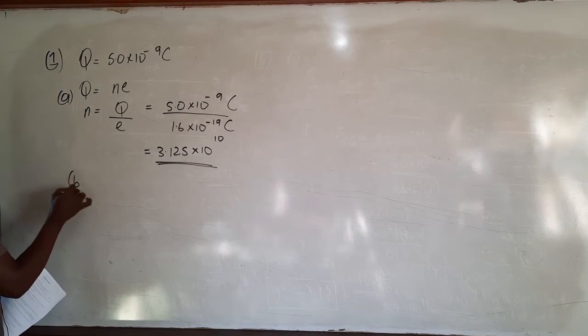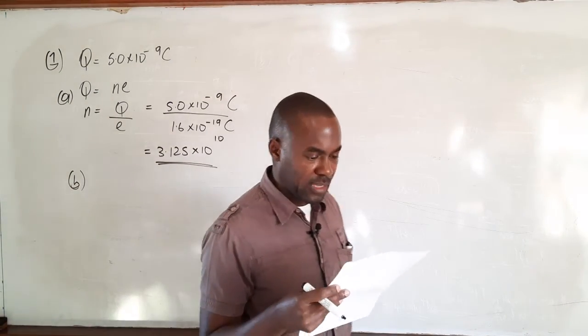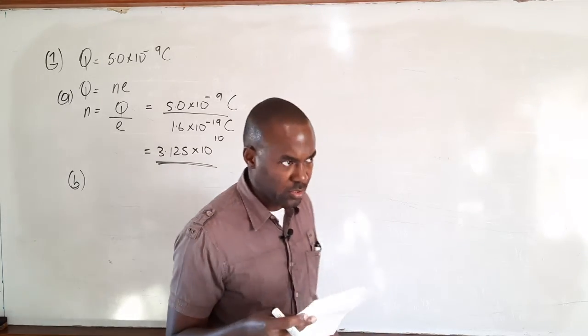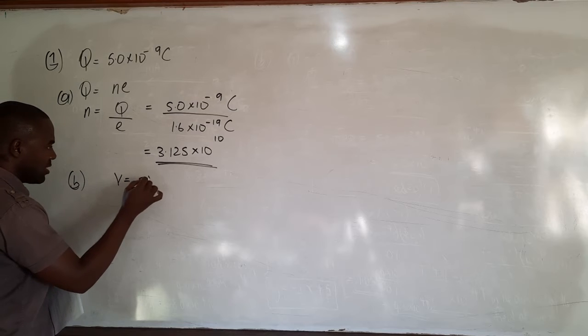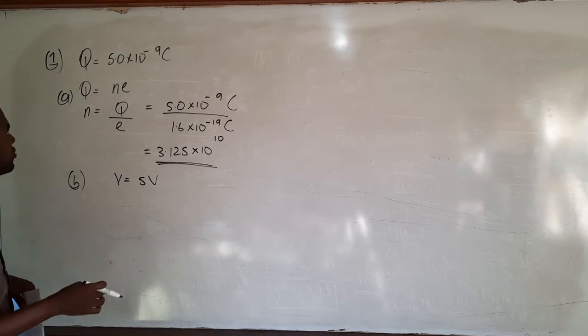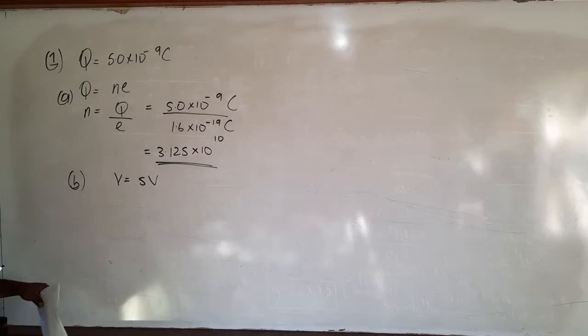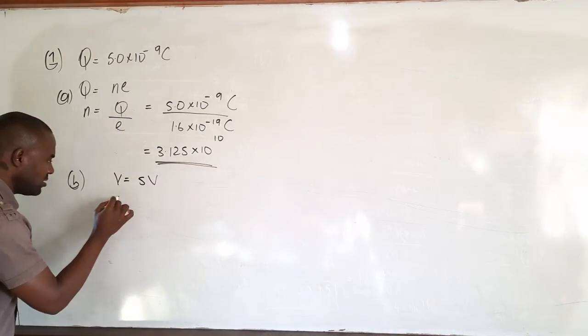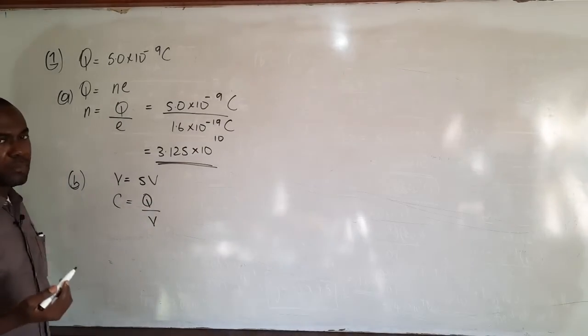Now, part B of the question wants us to find the capacitance of the capacitor if the PD across it is 5 volts. So if the PD V is 5 volts, and from part A the charge stored is 5 times 10 to the minus 9 coulombs, from our definition of capacitance, the capacitance C is equal to the charge stored divided by the PD across the plates of the capacitor.